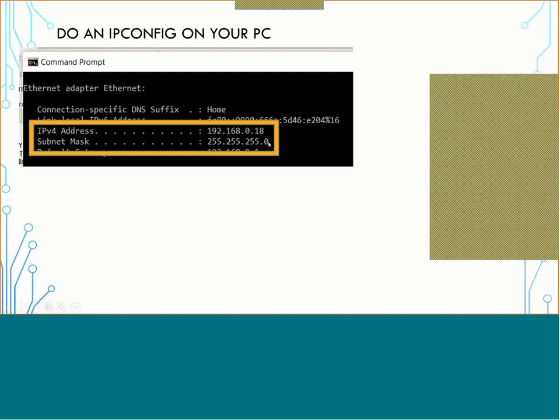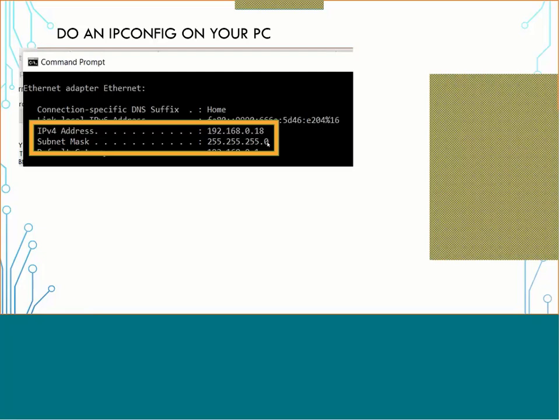Wherever the zeros are, that is the unique host portion. So ones represent network bits, zeros represent host bits. So all it does is indicate what part of my IPv4 address is the network, and what part is the host. Are we good on that?